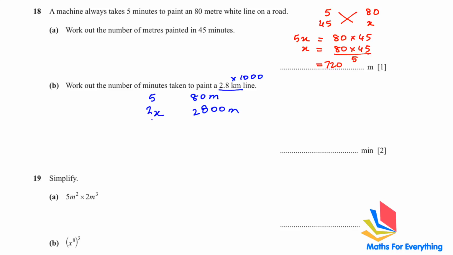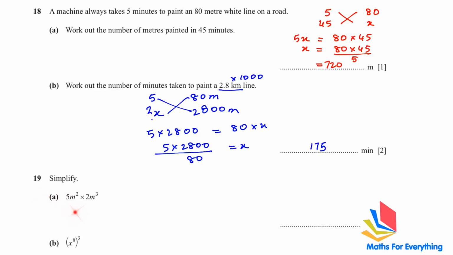So again, we'll replace this with x. We'll cross multiply. 5 multiplied by 2800 is equal to 80 multiplied by x. Therefore, 5 times 2800 divided by 80 is the number of minutes taken to paint the 2.8 kilometer line. 175 minutes.